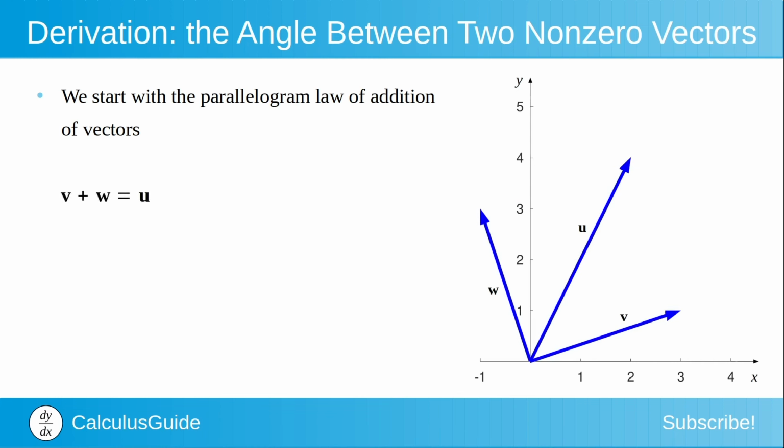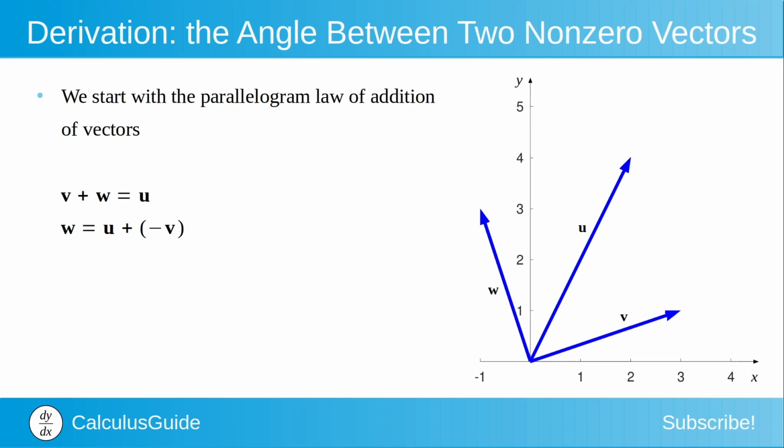So we have that v plus w is equal to u. Moving v to the other side of the equal sign, we have the vector w is equal to u minus v. When we write the vector w is equal to u minus v, we mean that the vector w is equal to the vector u plus the vector minus v. The vector minus v has the same length as the vector v, but it has the opposite direction.